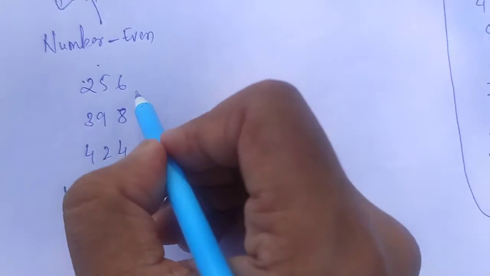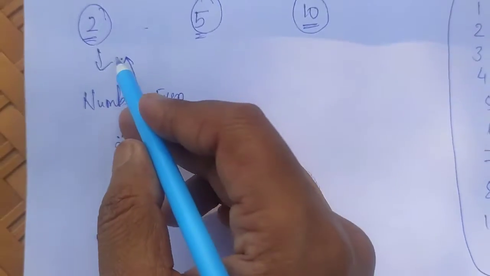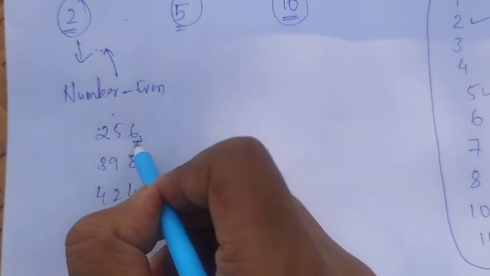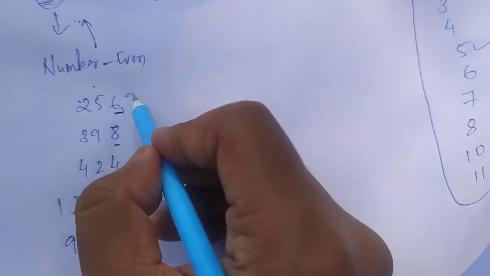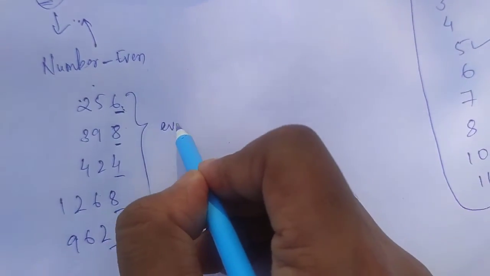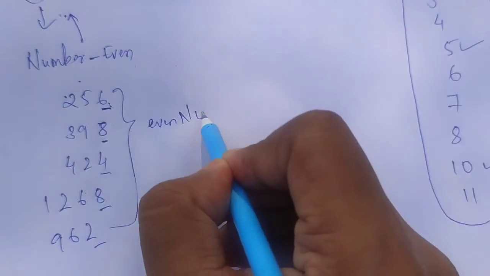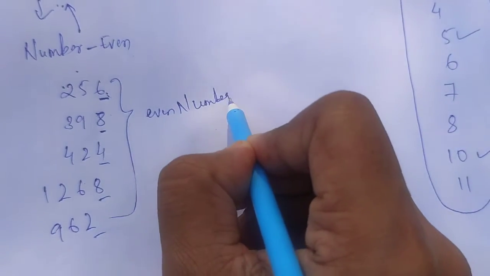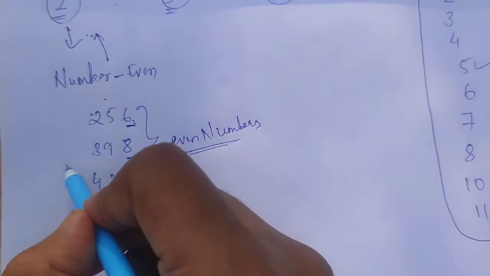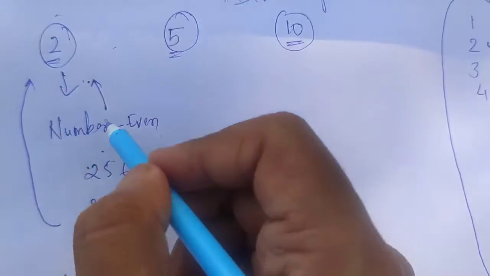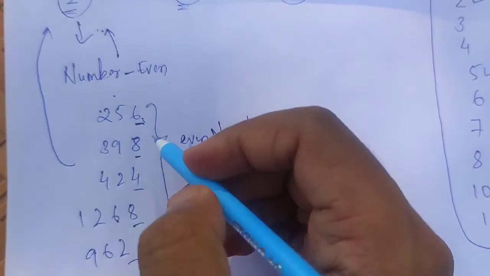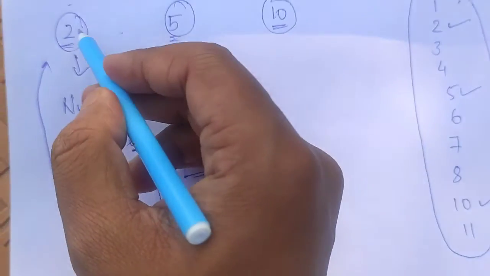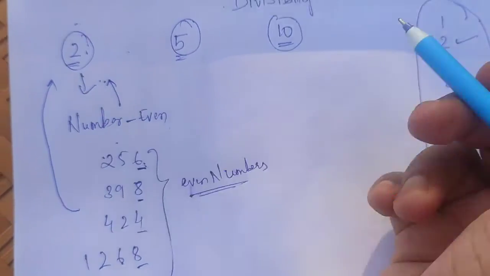Now look at all this. Are they divisible by 2? Look at the end: 6, 8, 4, 8, 2. They are all even numbers. Because they are even numbers, these numbers are divisible by 2. So any even number is always divisible by 2.